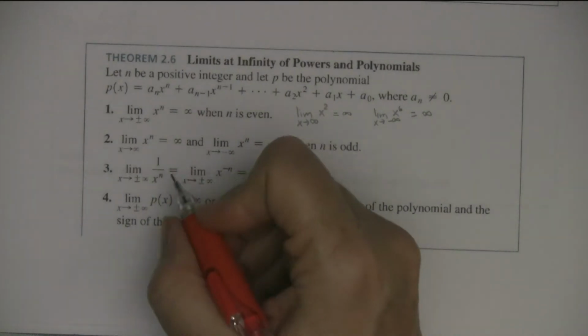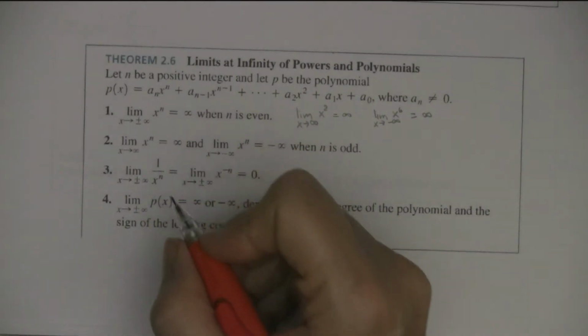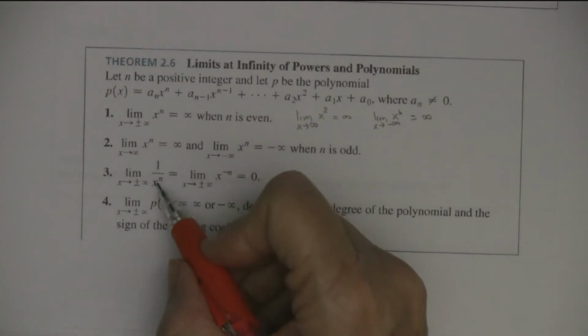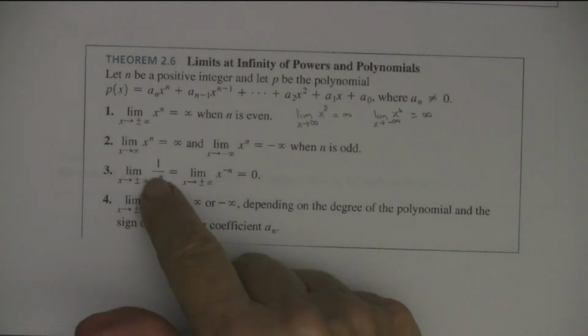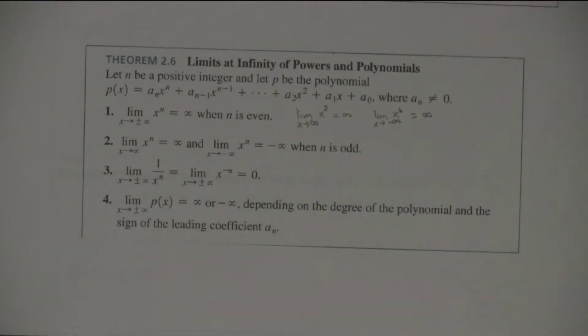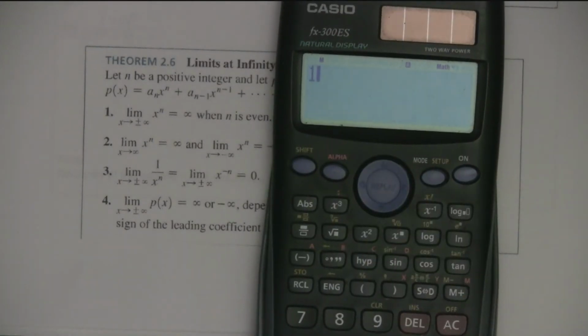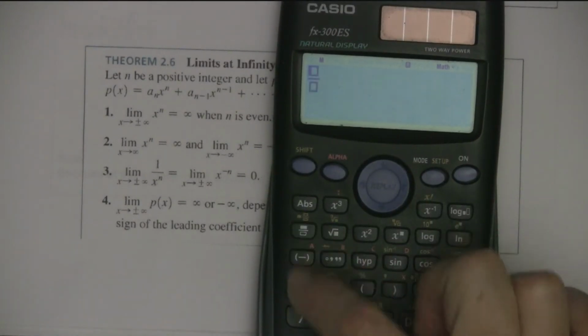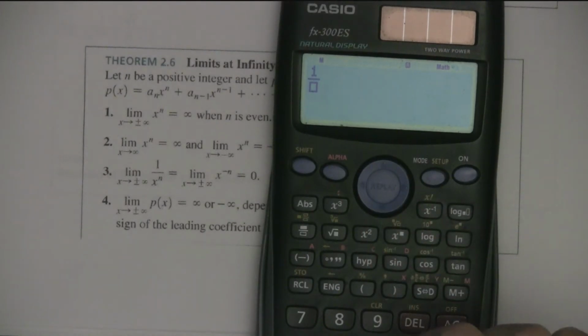And then as x goes to infinity, now think about this: 1 over a really, really large number. Just to see what they're saying here, 1 over any constant over a really large number.